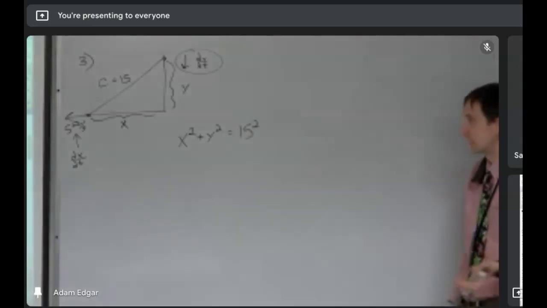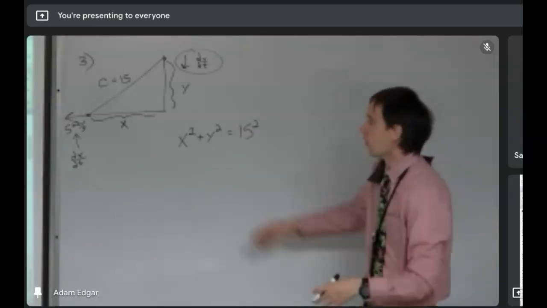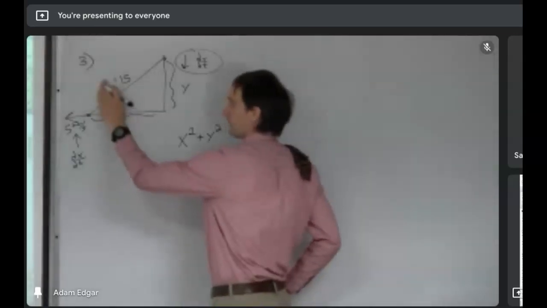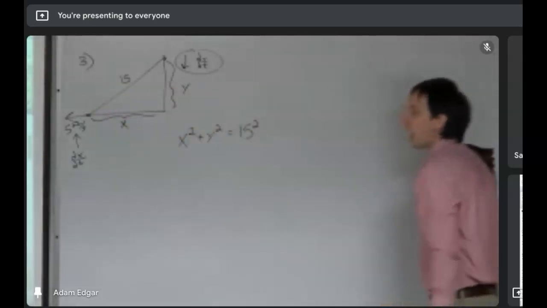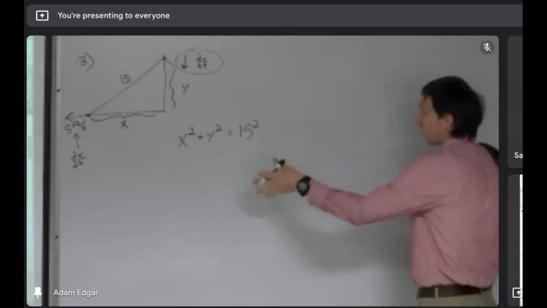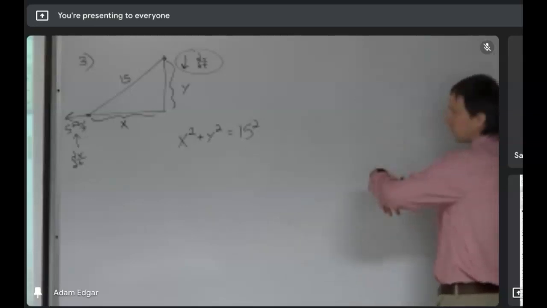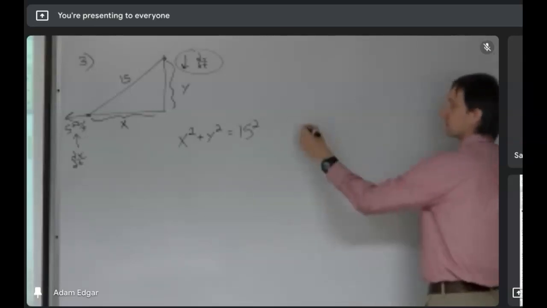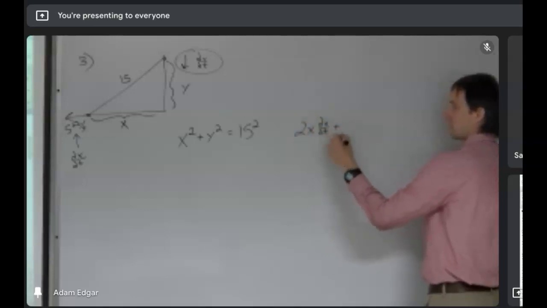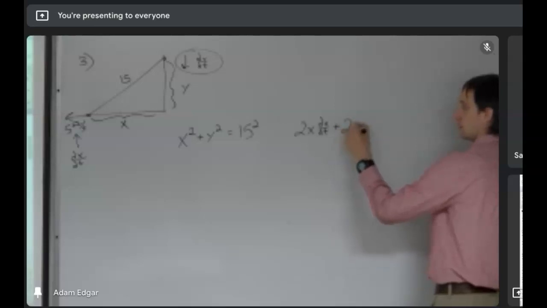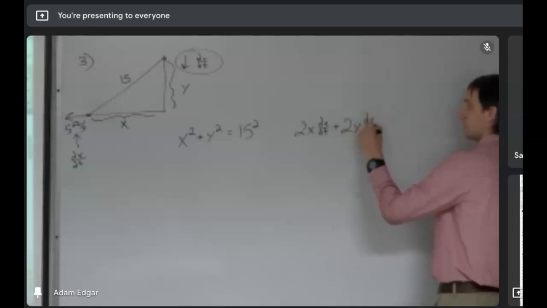That's never going to change. So why even bother with a variable letter? Just let it be 15. And what do we do with that? Find the derivative. What's the derivative? So x dx dt, so then 2y dy dt equals 0.